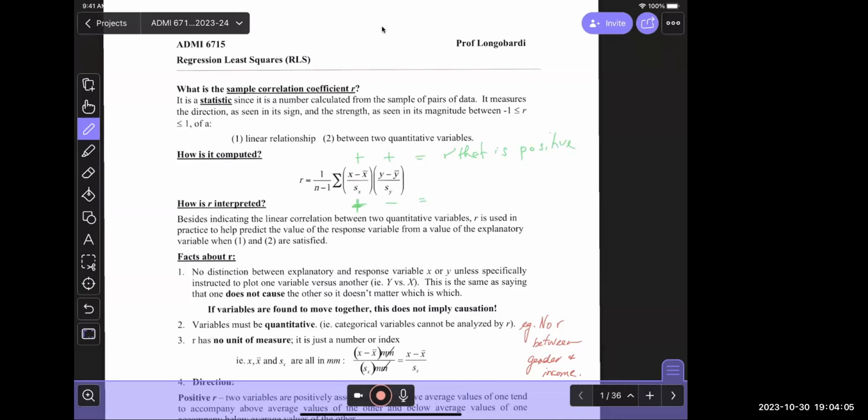And that will contribute to making R negative. Also, with the positive relationship, when X is below its mean, Y is also below its mean, that will also lead to a positive value. So that understanding is built into the formula.